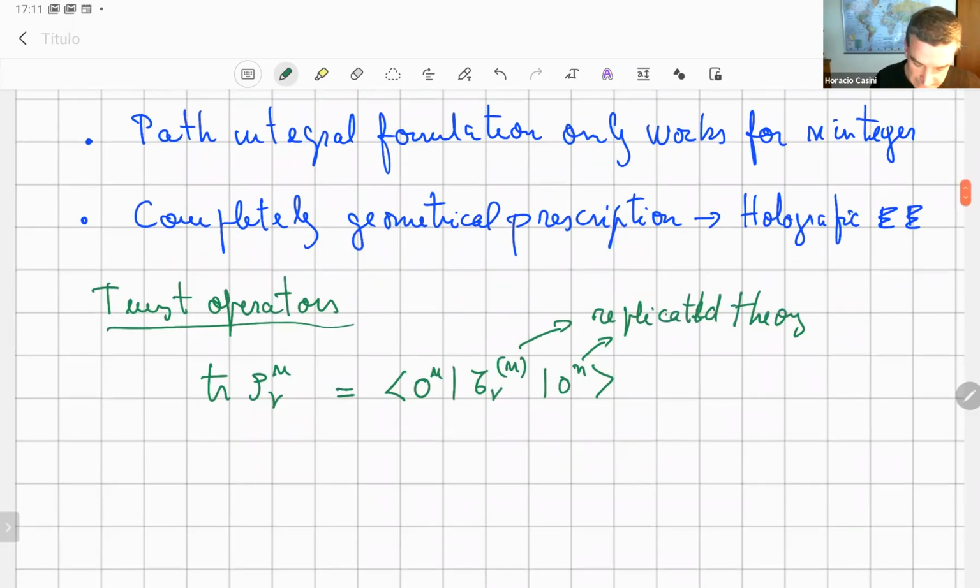So as they are particular expectation values of operators, they enjoy the properties of expectation values of operators, and then there are many things you can do with that. What are these operators? In this particular case, I will call them Renyi twist operators.